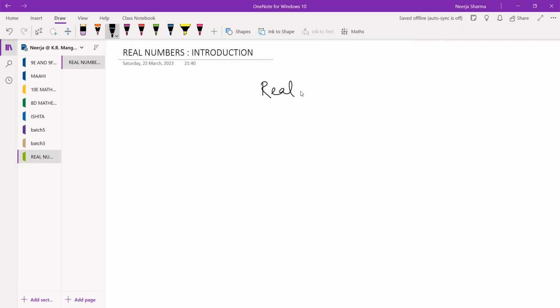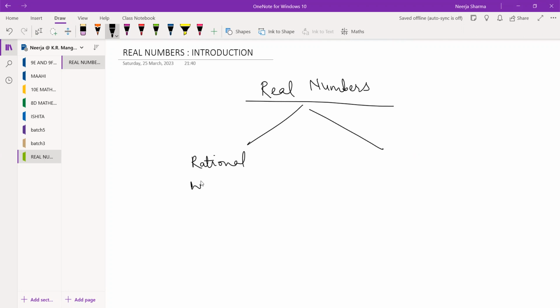In class 9th also you have the number system, so you have a fair idea of what rational and irrational numbers are, but we will still recapitulate. Real numbers are divided into two number systems. One is rational numbers, which consist of all the number systems that you have done so far, be it whole numbers, natural numbers, or integers.